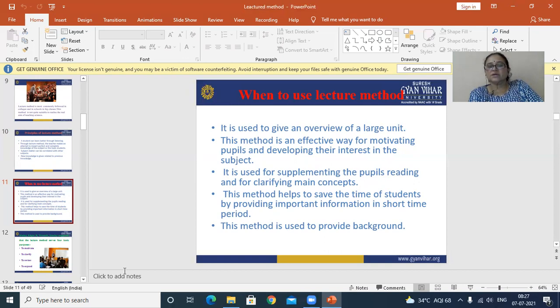This method helps to save the time of students by providing important information in a short time period. This method is used to provide knowledge. So I think you understand when lecture method is used.